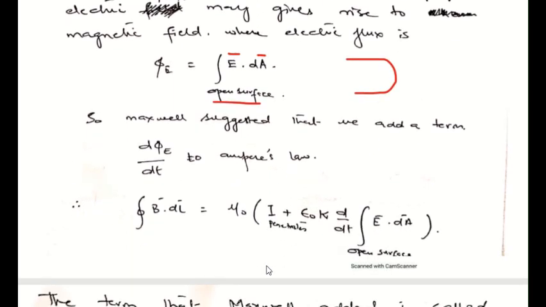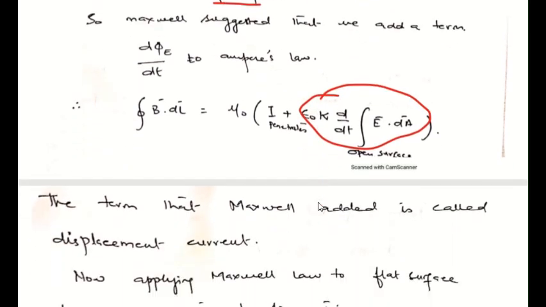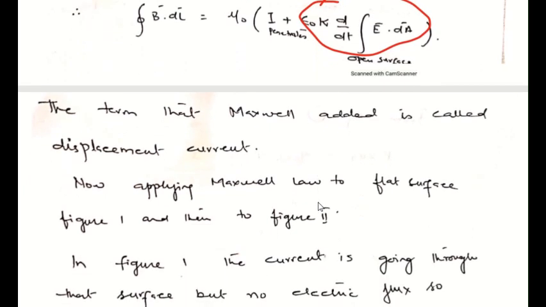So B dot dl equals mu naught I plus epsilon naught kappa d by dt integral E dot dA for the open surface. So this is an additional term that Maxwell added to Ampere's law. Now what this additional term will do, we'll see. The term that Maxwell added over here is famously known as the displacement current.